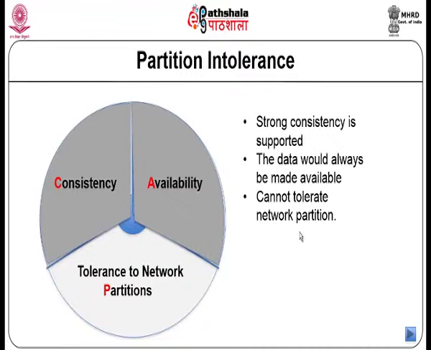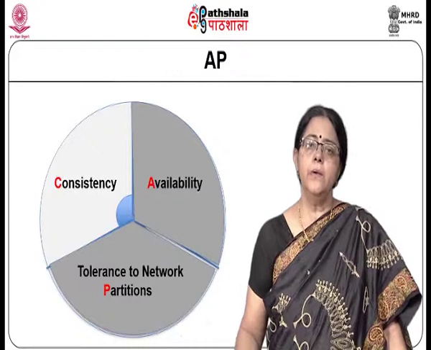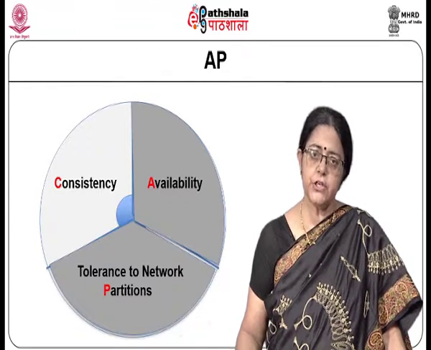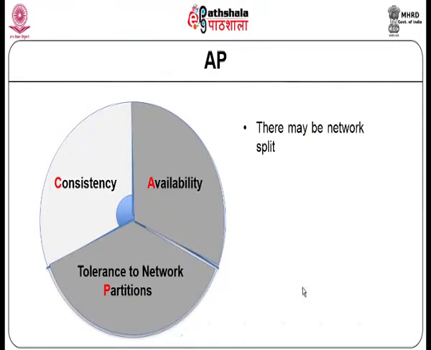That means no failures can be tolerated. In the case of a very large system like the cloud, we can easily understand that it is such a difficult proposition not to have any failures, but CA systems work only in the absence of failures. Look at the AP systems, where availability and tolerance to partition are the two properties.